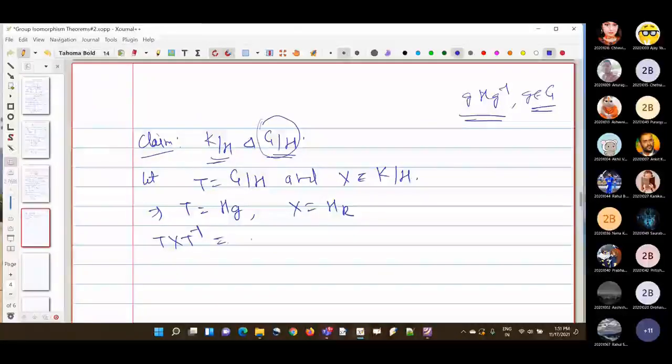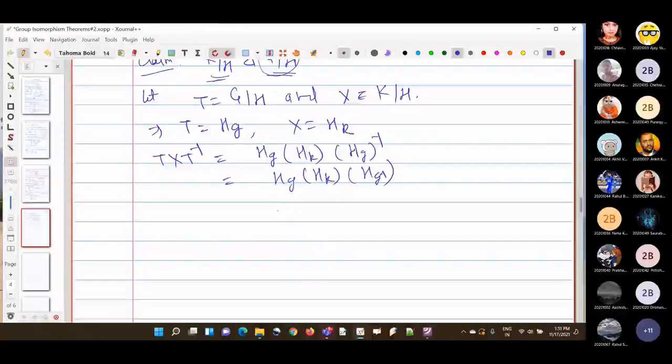T is our Hg, and then we have Hk, then we have Hg inverse, and this equals Hg and Hk and Hg inverse. So let us see how we can proceed.